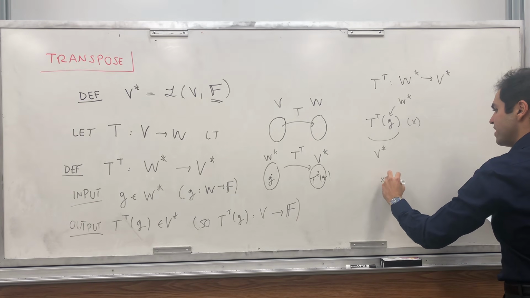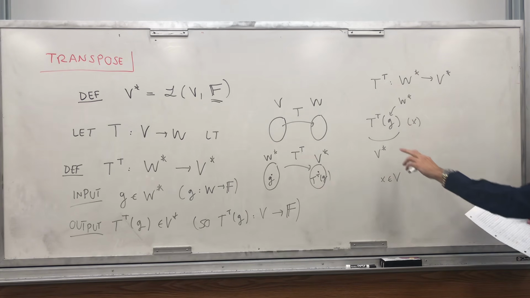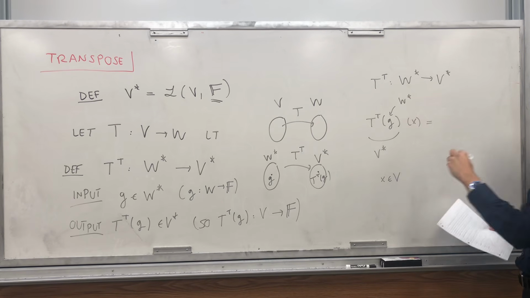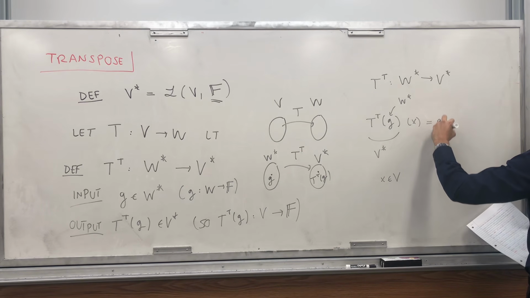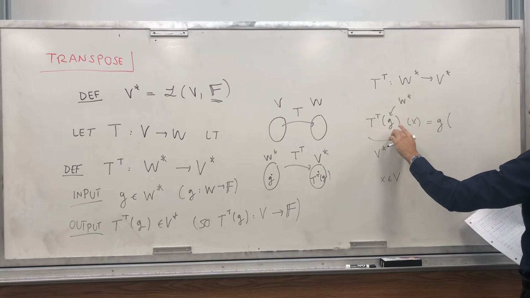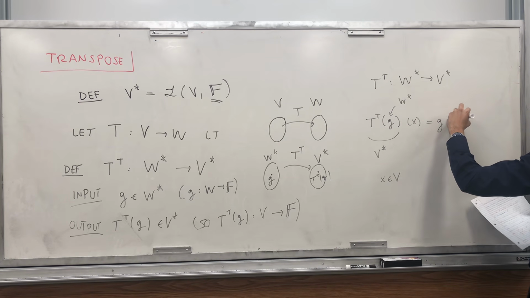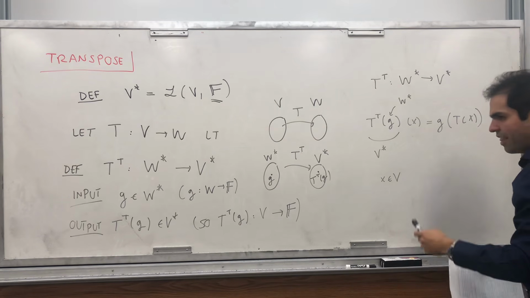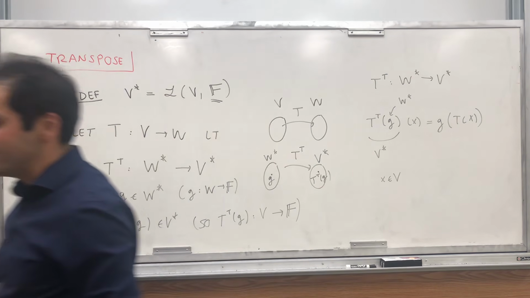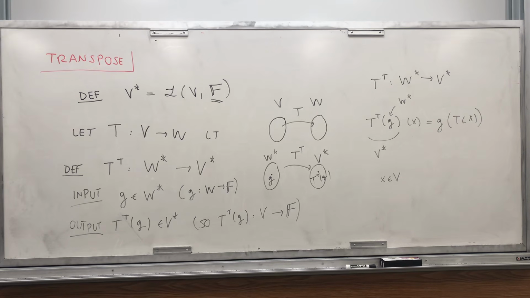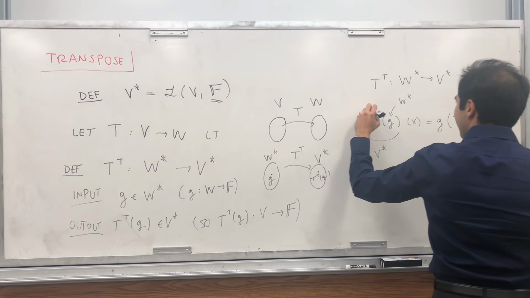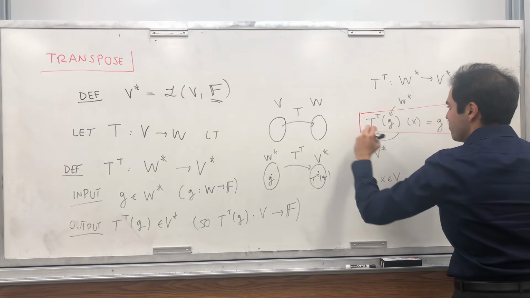So x is in V. And here's a cool thing: all it does is flip the two things, just like the transpose that flips things. So T transpose G of x is G of T of x. And that is now the definition of transpose. And you're like, what the hell? What does it have to do with the nice thing where we flip things in matrices?